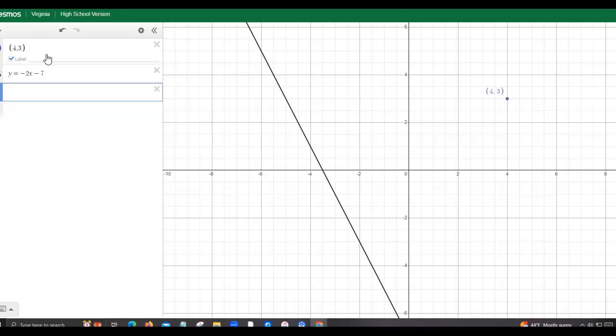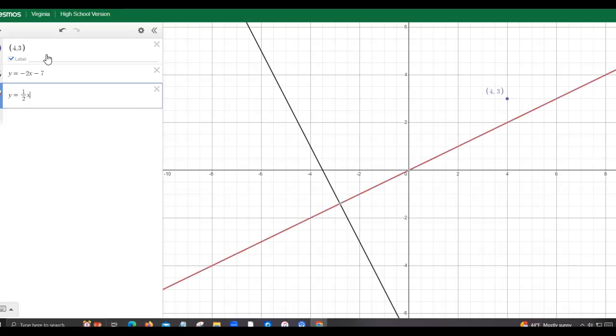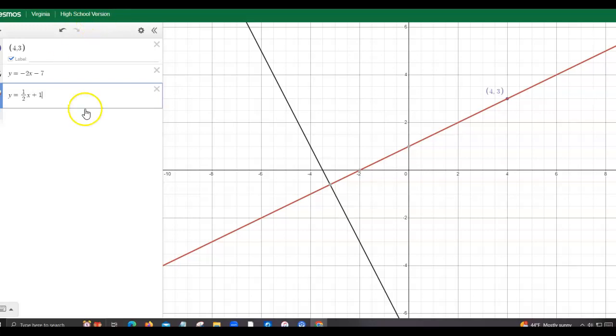And we're going to put in our line, y equals 1/2 x plus 1.